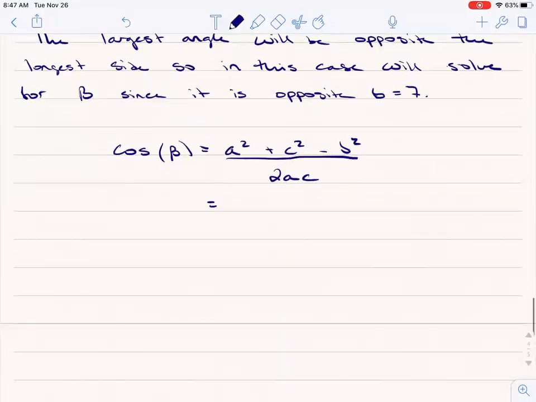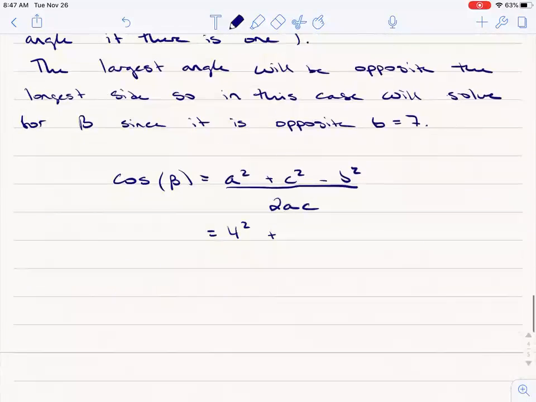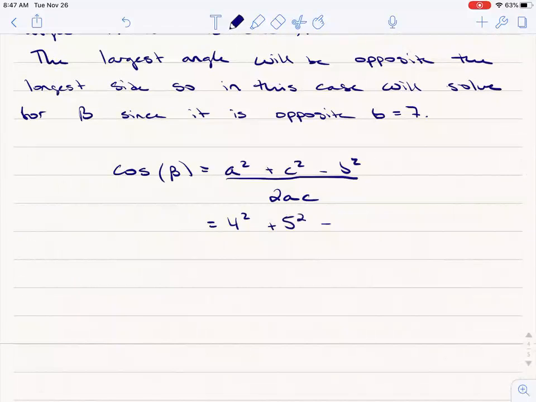A is 4, so we've got 4 squared, plus c is 5 squared, minus b is 7 squared, over 2 times 4 times 5.